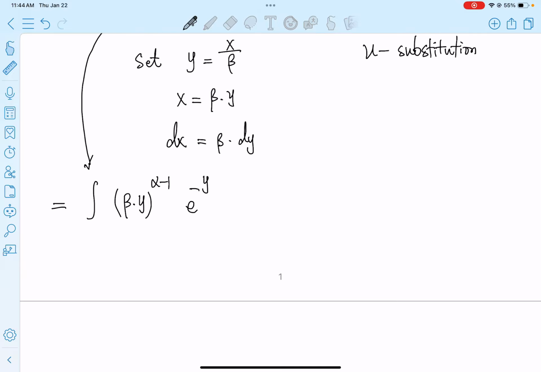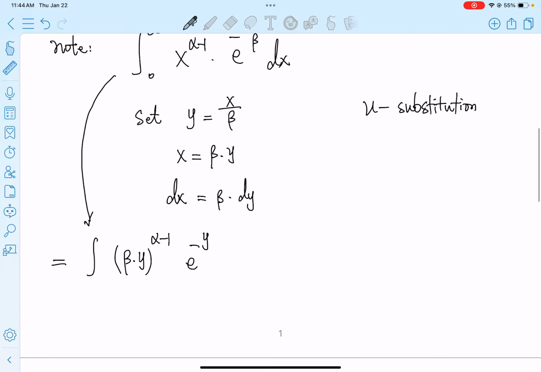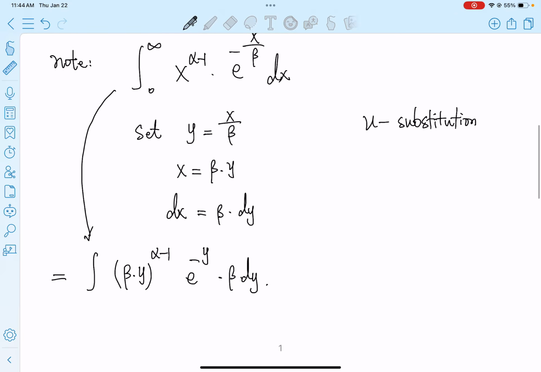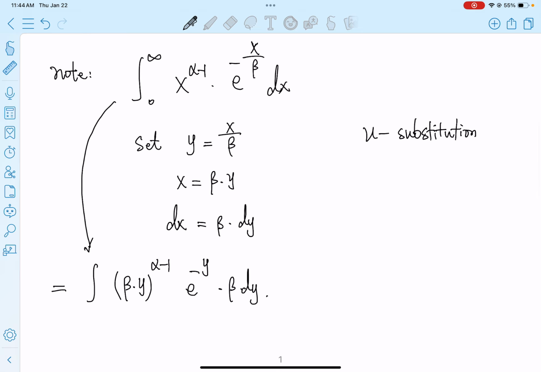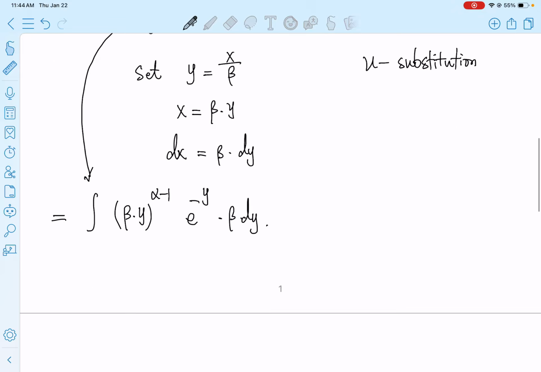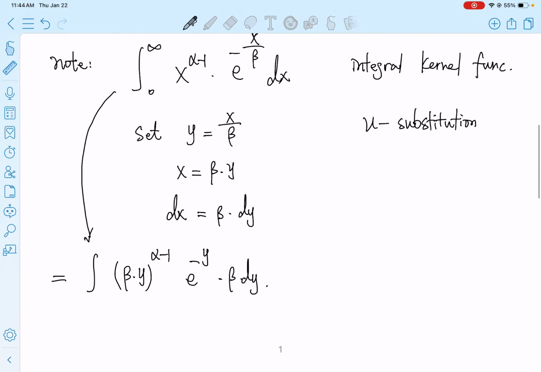And then for dx, we need to write it as beta multiplied by dy. So we are using the u substitution to rewrite the integral of this kernel function, in terms of y.